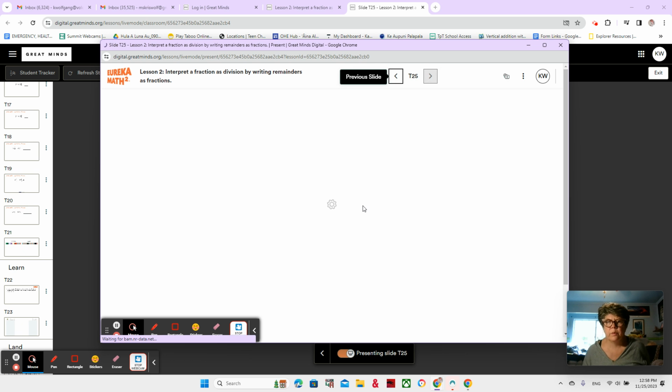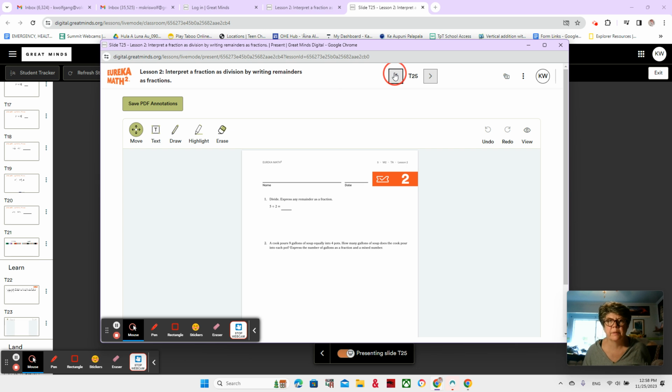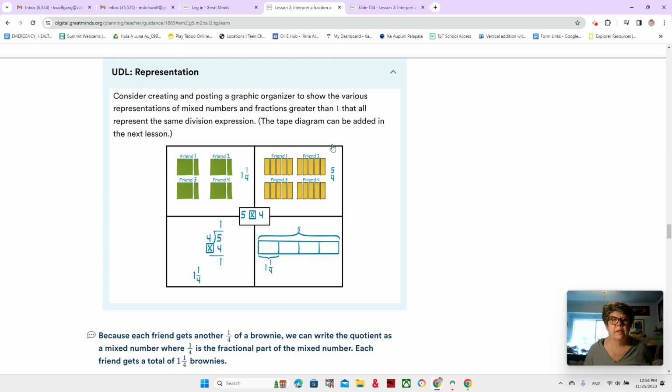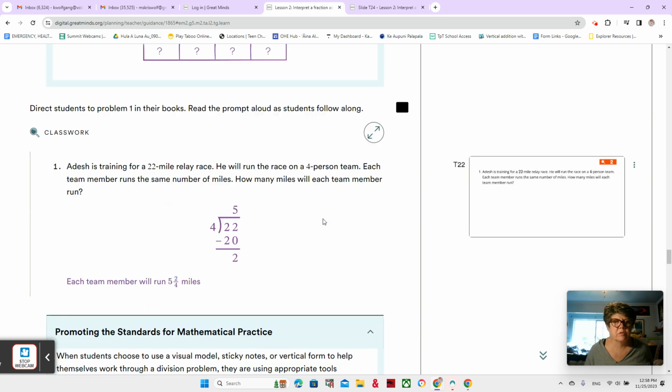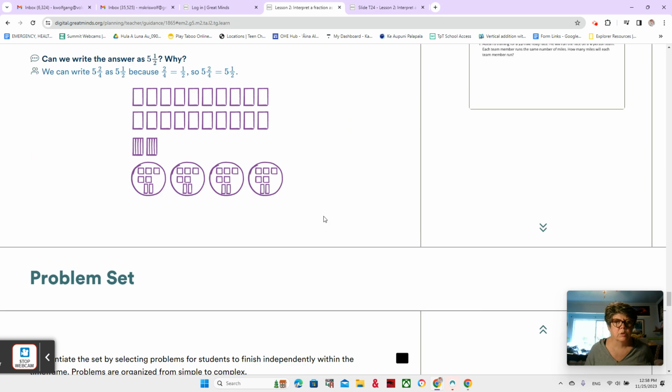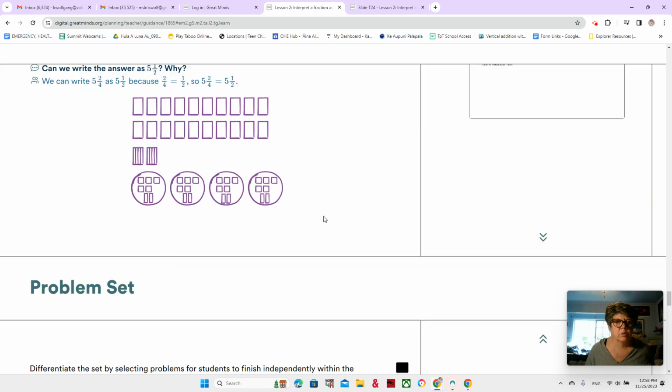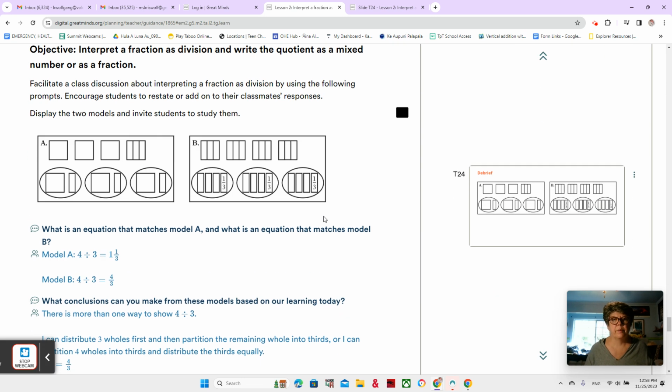So we have some equations to look at. I think they're going to pop up here. Nope, they're not going to pop up here. Sorry. Let's look at these equations. There we go. All right. So model A, 4 divided by 3 equals 1 1/3.